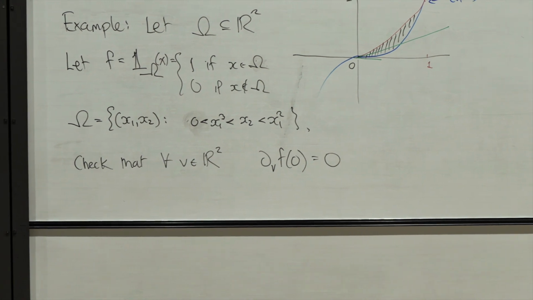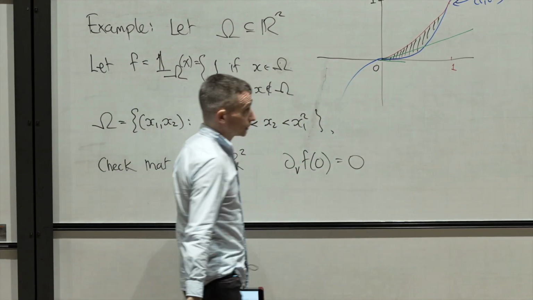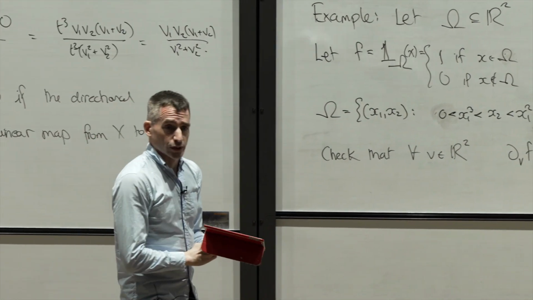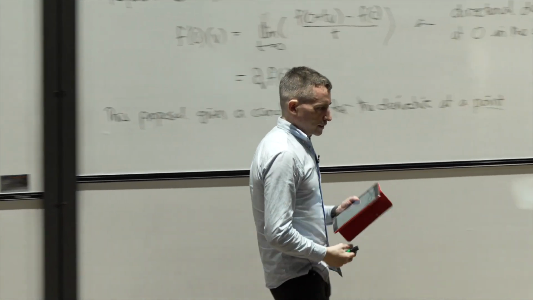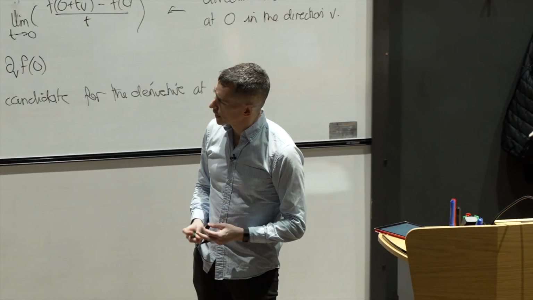Okay, so all the directional derivatives of this function exist at the origin. They all vanish, so they define a linear map, which is the zero linear map. But, well, now it's a matter of taste, really.